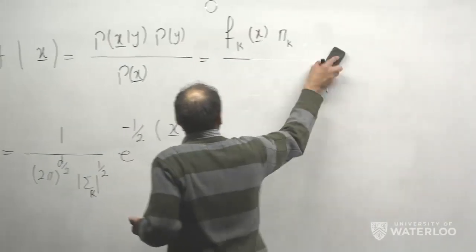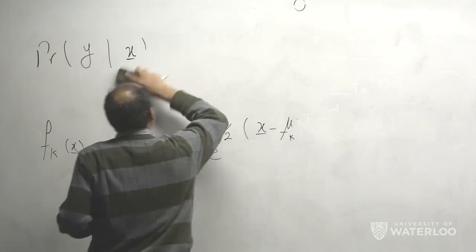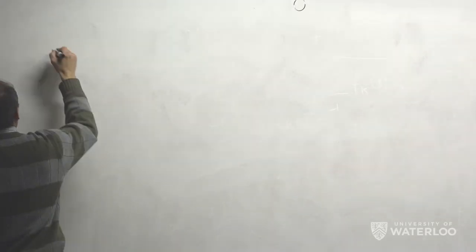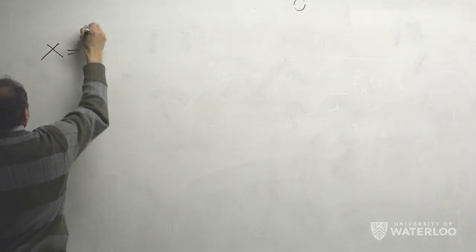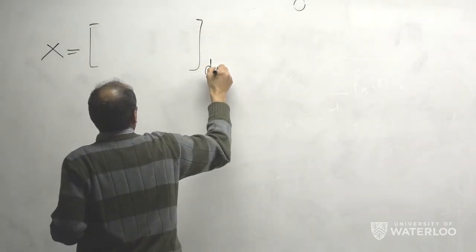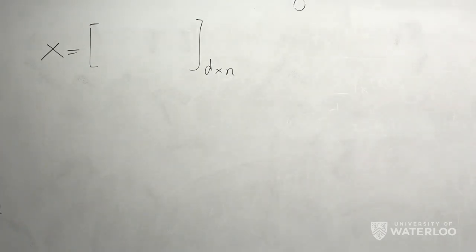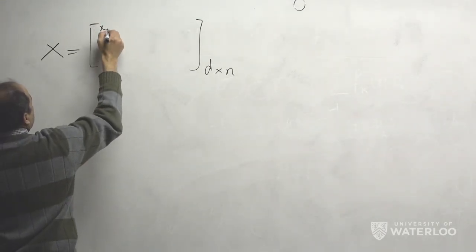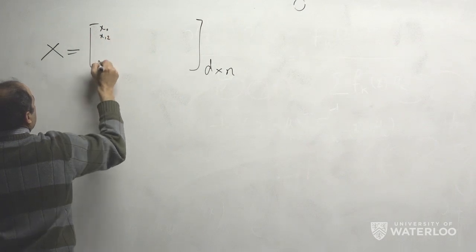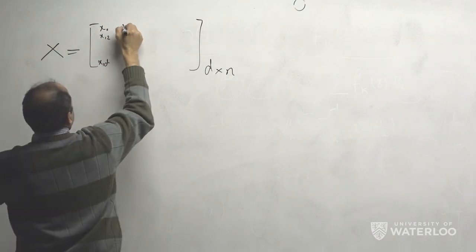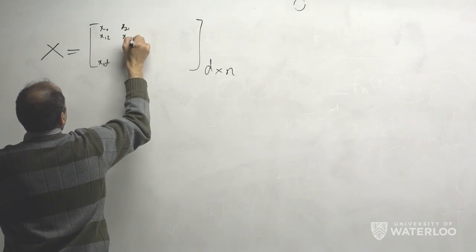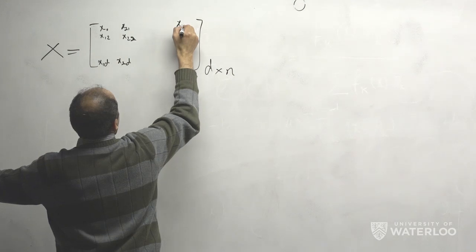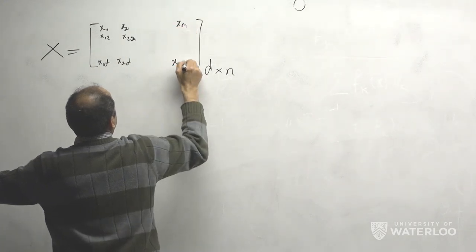To do augmentation, I have X, which is d by n. And the first column, say for example, is x11, x12 up to x1d. And this is x21, x22 to x2d, and so on, xn1 to xnd.